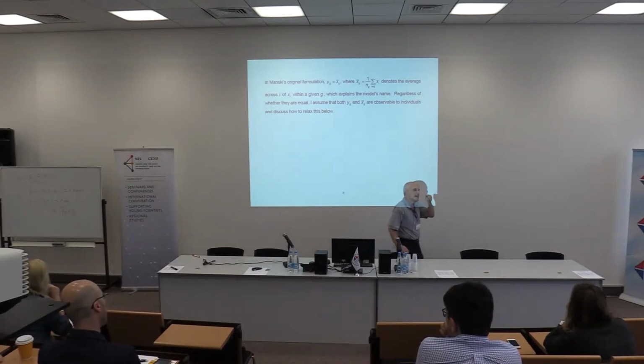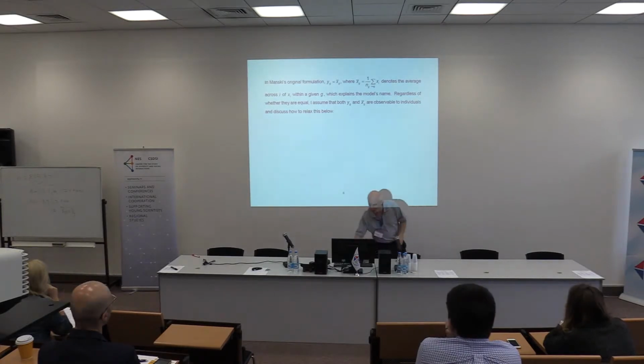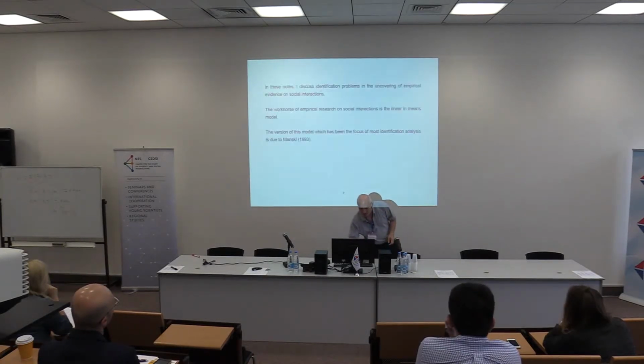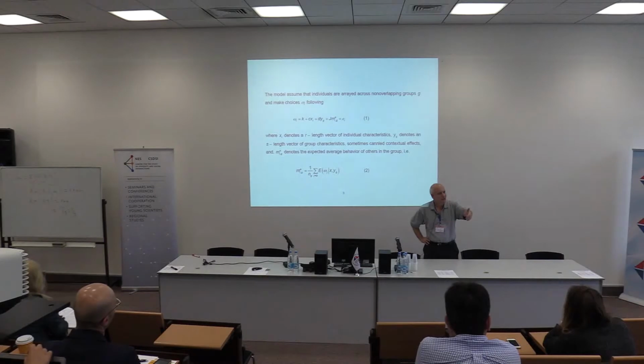If the model is identified, I need an x whose x bar does not appear in the equation. If I don't have such a variable, then m has to be linearly dependent on the y's. So that's the identification condition. Now notice, going back to equation 1, suppose that was my equation. I said that my behavior depended on stuff and it depended on my beliefs about the average behavior of others.